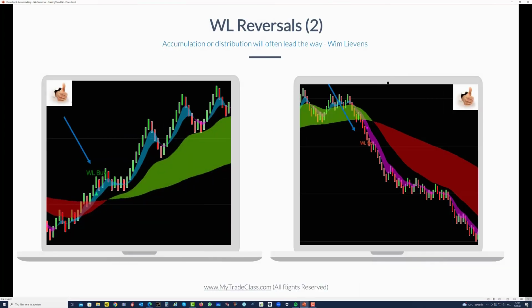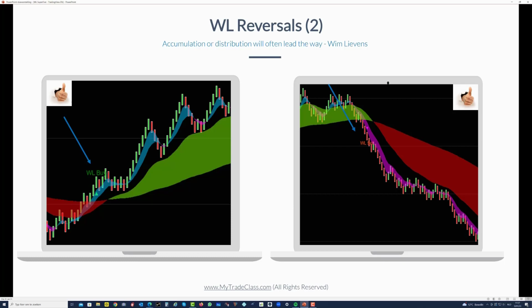Now, here it's very simple. We can look at the balance between buyers and sellers, meaning is one side really stronger than the other side. And how do we see this? We see this in the size of the WL trend. Let's say the WL trend is very small on the red side, but was very large on the green side.